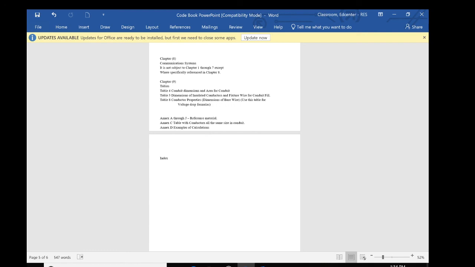I've seen some where they have a tab for every chapter, and to me that's too many, because tabs will help you find your way around. But if you have a tab for every chapter, it's like not having a tab. But tabs are helpful to help you find your way through the code book. It's an easy and quick way to do it. So I would say it's probably a good thing to invest in some tabs. If you don't have code book and tabs, definitely going to be worth your while. You'll definitely get your use out of it.